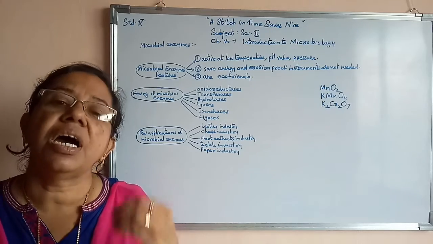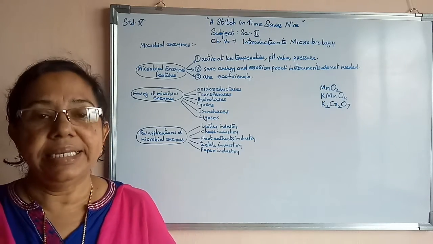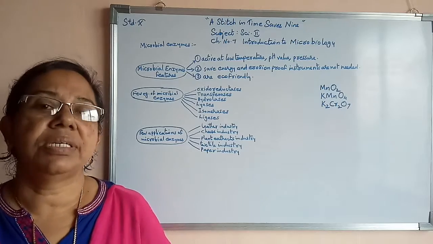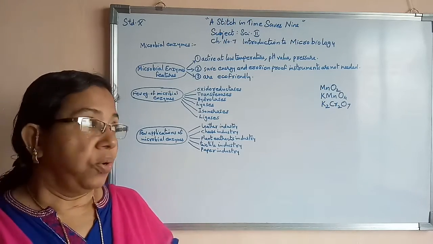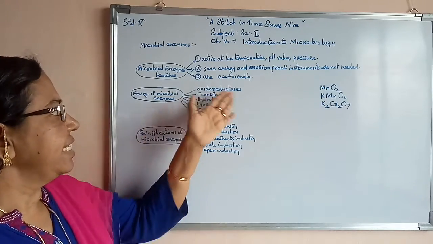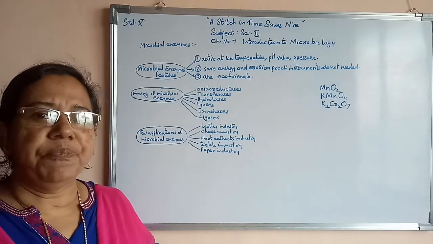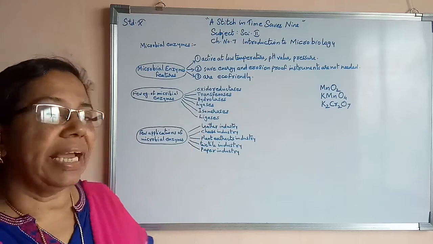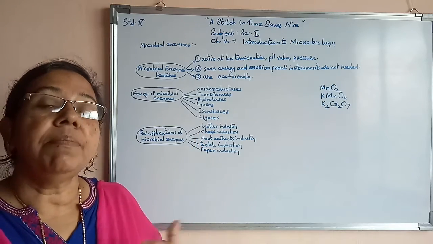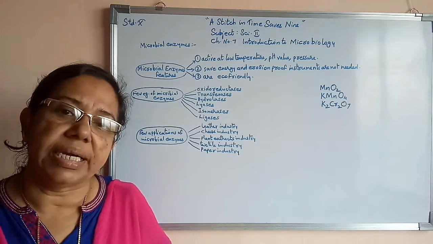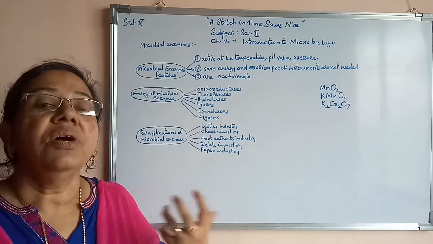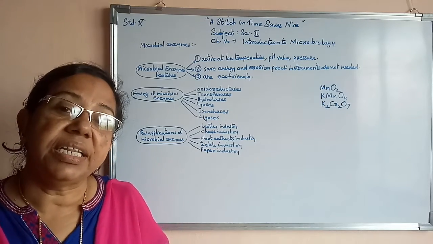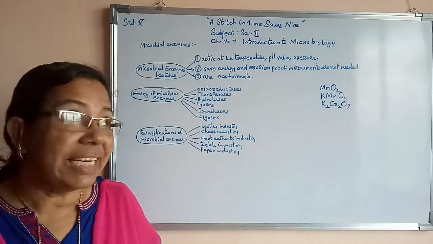Microbial enzymes are also catalysts. They are known as biological catalysts. Now, when we use such a catalyst, a biological catalyst or microbial enzymes, some advantages occur in the reaction. So what are the advantages of using microbial enzymes?